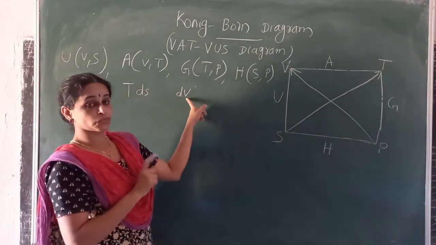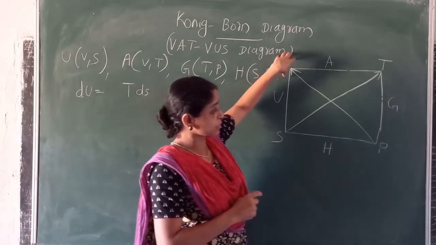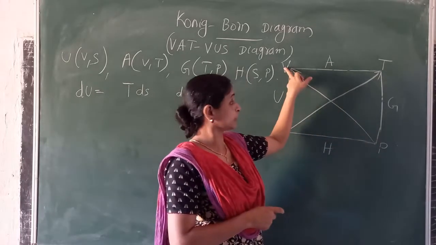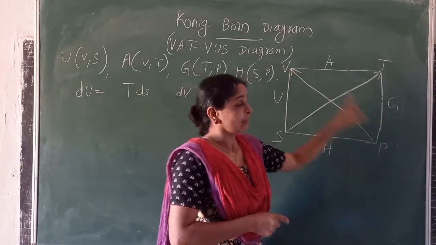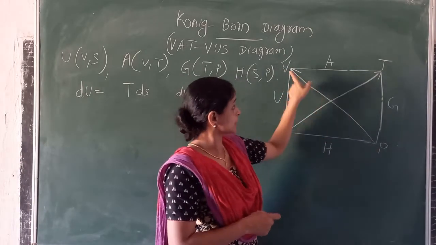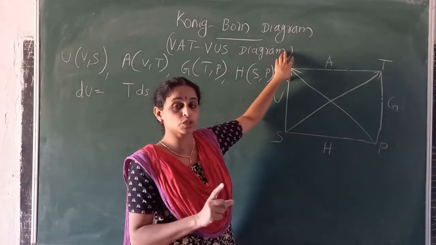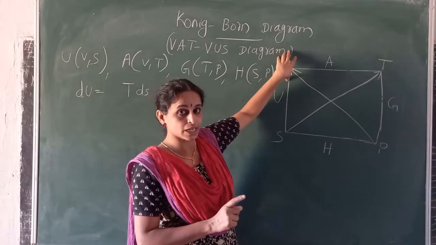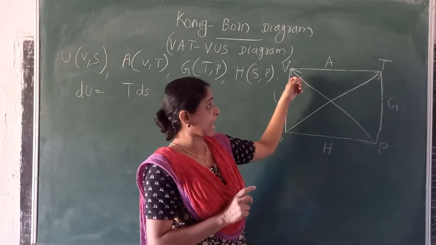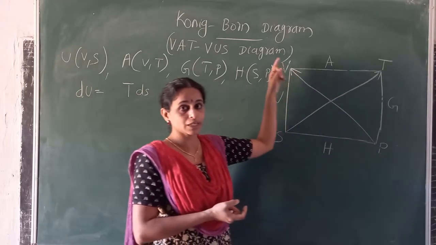The next one is for dV. So we have to look at V. What is the conjugate connecting from V? From V to the conjugate coordinate, this is P, but this is in the opposite direction. We have to find from the differential coordinate to the conjugate coordinate, but here the arrow is in the opposite direction, that is from the conjugate to the differential coordinate.